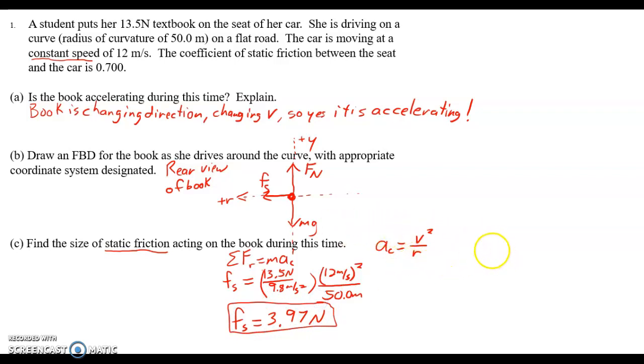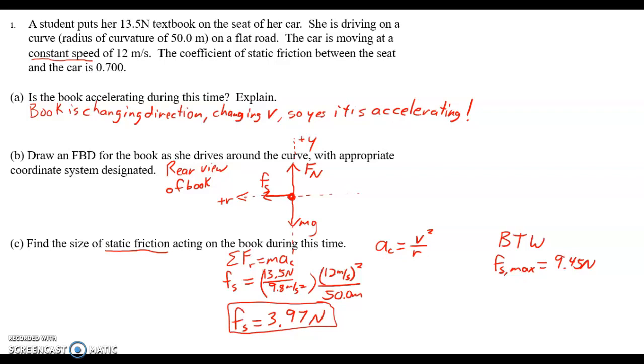By the way, Fs max, if you should happen to calculate it, is 9.45 newtons. However, the maximum static friction value hasn't been reached.